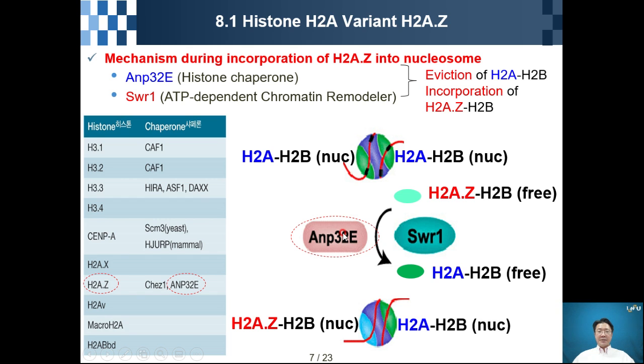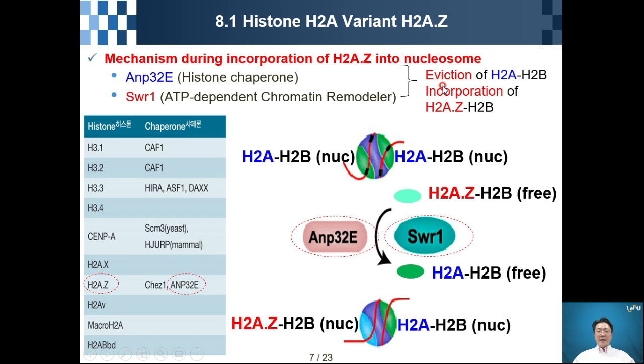Another protein is also involved in this step, for example SWR1, which is an ATP-dependent chromatin remodeler. This is the normal nucleosome, composed of the H3 H4 tetramer, one H2A H2B dimer, and another H2A H2B dimer. SWR1 loosens the nucleosome structure.